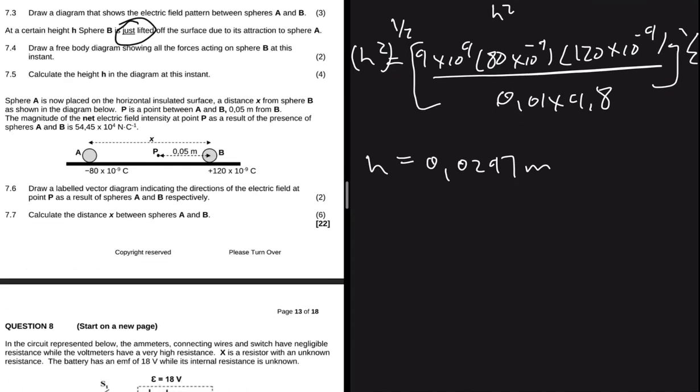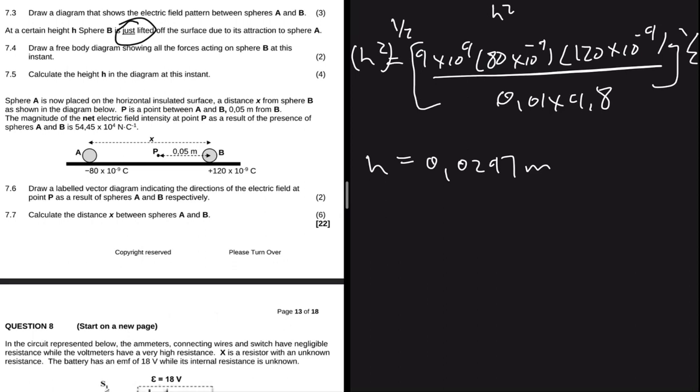And now we are told that sphere A is now placed on the horizontal insulated surface a distance x from sphere B as shown in the diagram below. P is a point between A and B, which is 0.05 meters from B. The magnitude of the net electric field intensity at point P as a result of the presence of sphere A and B is 54.45 times 10 to the 4 newton per coulomb.